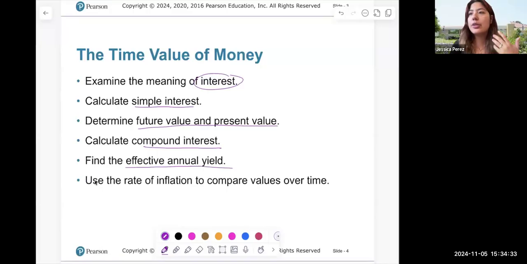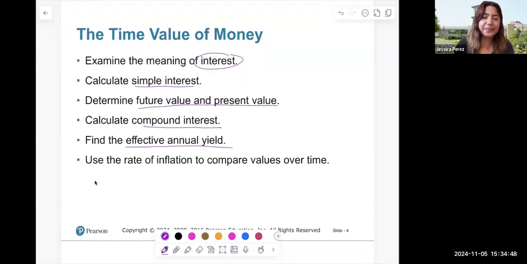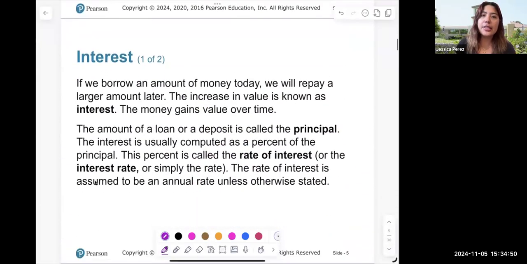So what we're going to be doing is presenting a list of formulas that you will be able to use to calculate different things like simple interest, future and present value, compound interest, and effective annual yield.